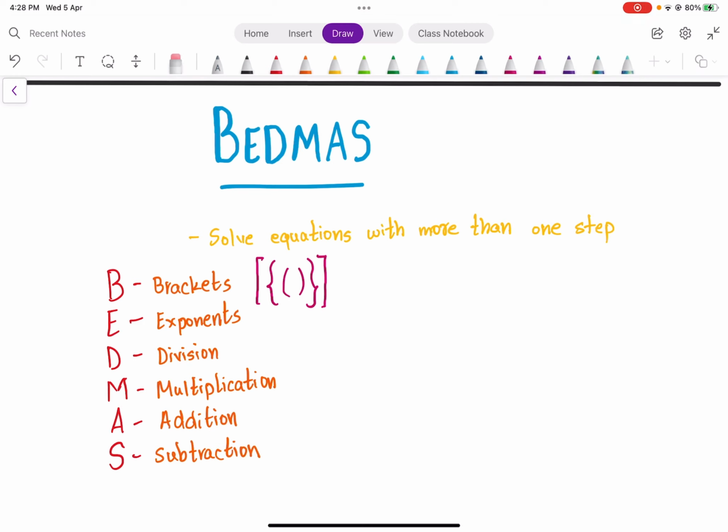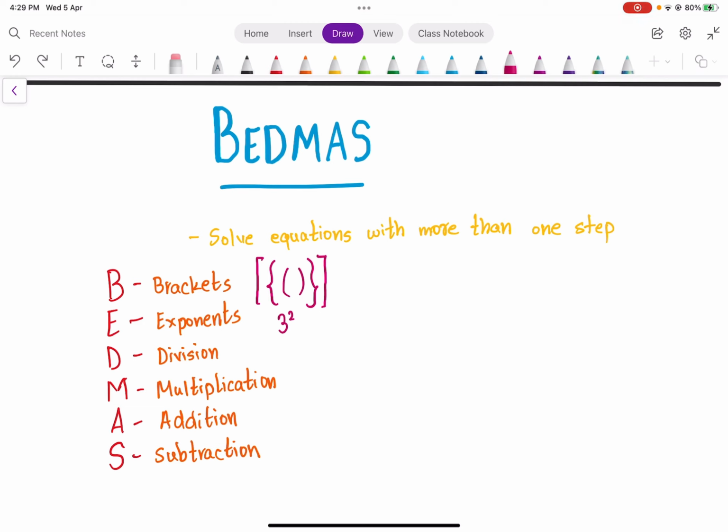The second one, exponents. So you may have seen a number, let's say 3, and a tiny number on the top right corner that in our case is 2.